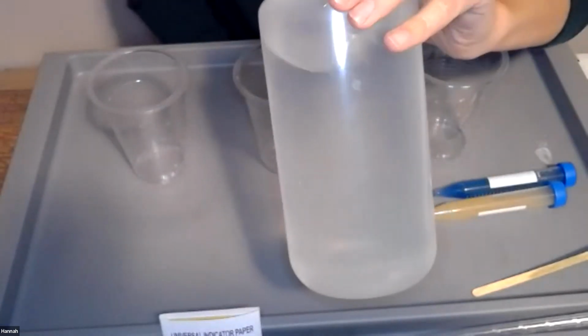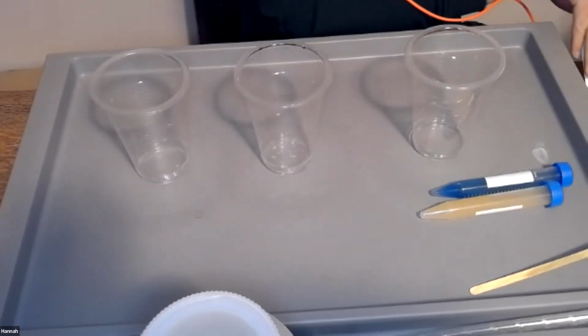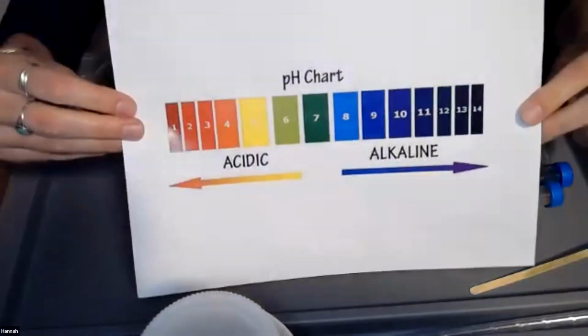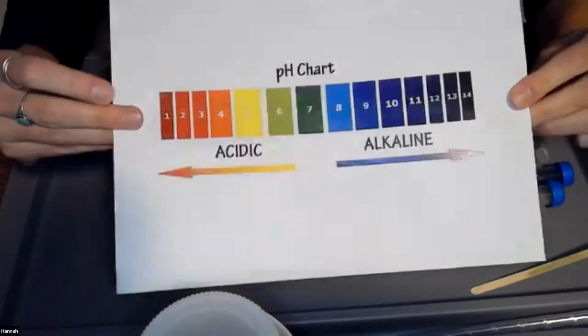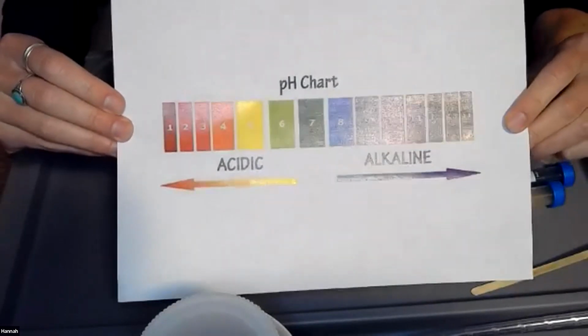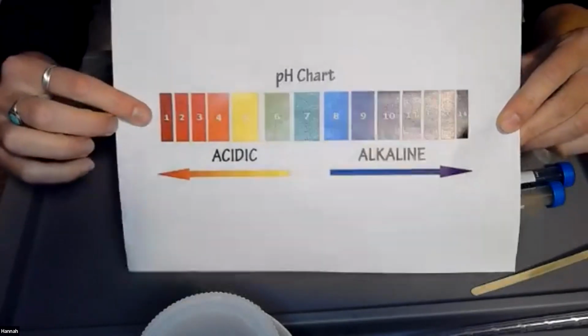Someone in the group may have grabbed water, or maybe your teacher provided some water for you. And then the last thing I want to point out before we start is let's take a look at this pH chart. So you should all have a copy of the pH chart as well. And like I said, it's a range from 0 to 14. Acidic, meaning a lower pH, would be on this left side.